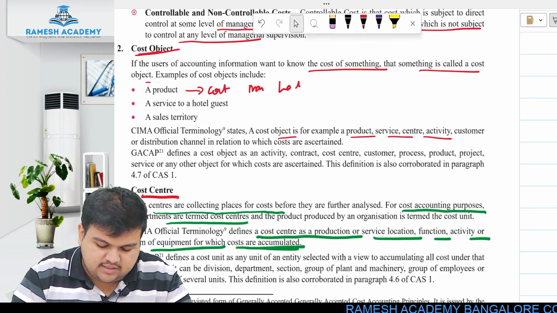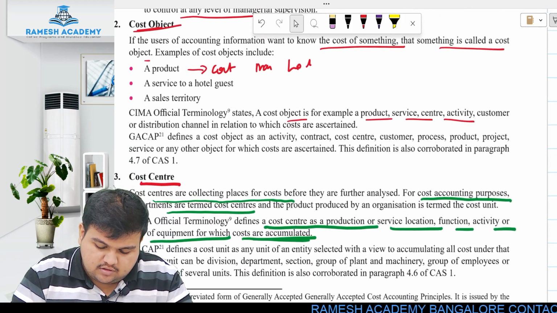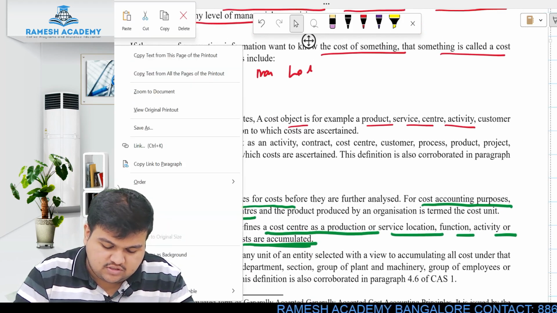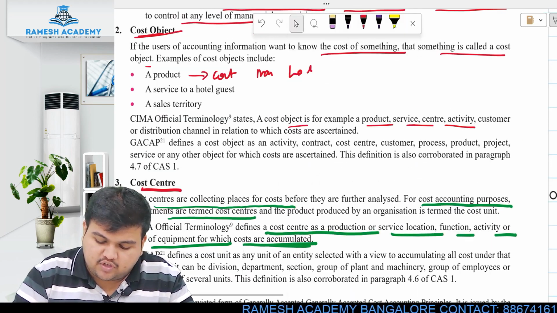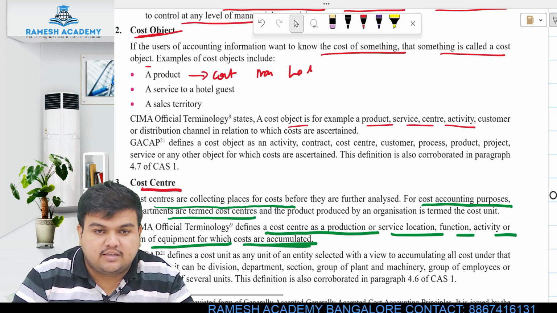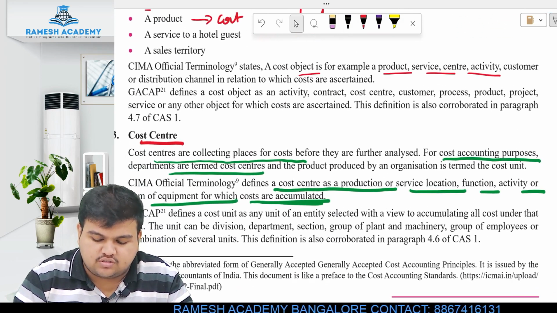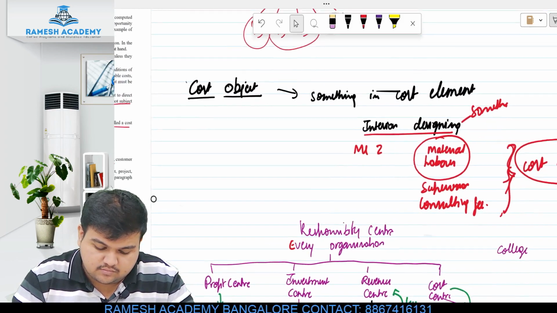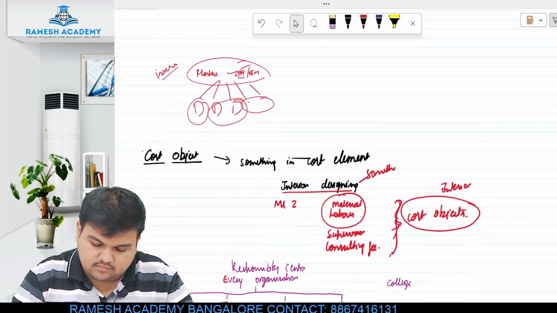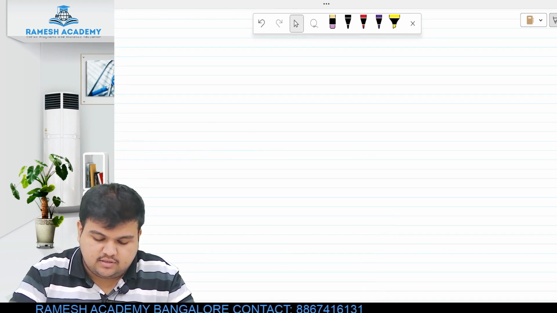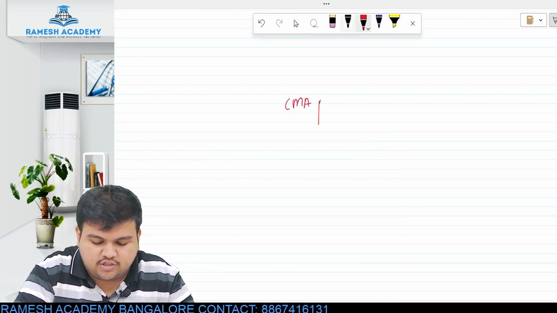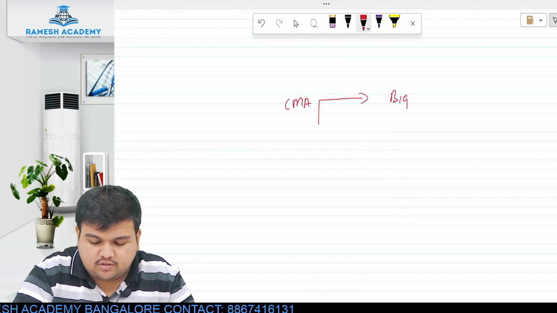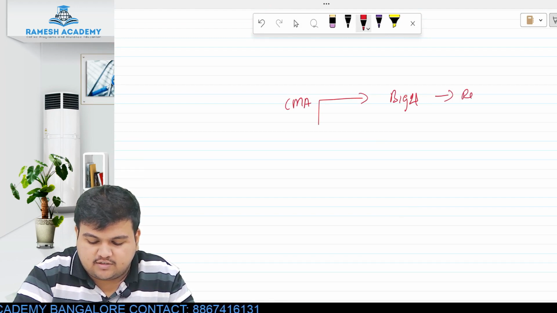Now, cost center. A cost center is responsible for collecting the cost. They are incurring a lot of costs. For that I had given a very good example: being a CMA, if you join a Big 4, you are a revenue center.